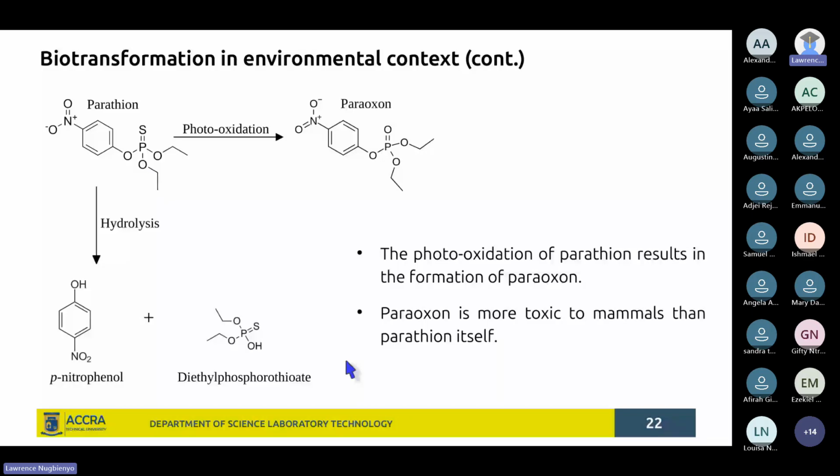Now, this is another interesting one, which occurred some decades ago, somewhere in, I think, one of the states of America.